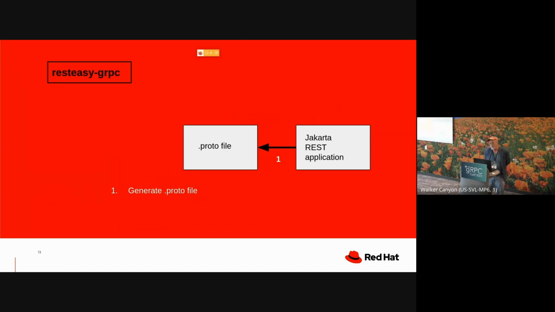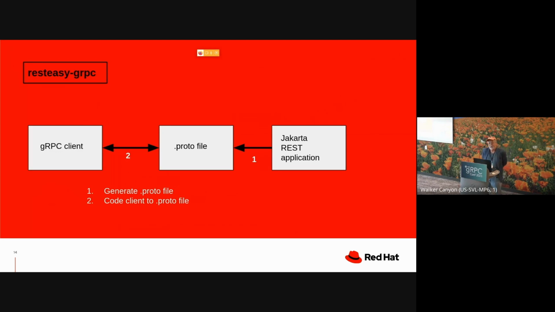The first thing we do, by scanning the files in a directory and looking for the appropriate methods, is generate as automatically as possible a .proto file, an IDL file. Given that IDL file, you can write a gRPC client with respect to that proto file.